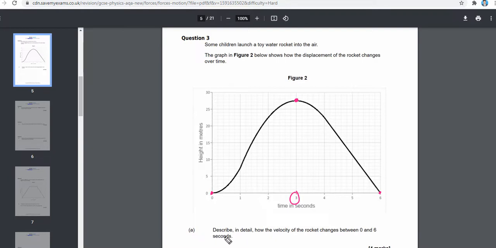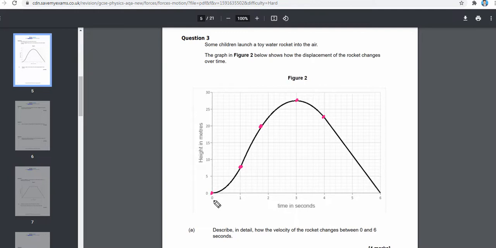In part A it says describe in detail how the velocity of the rocket changes from 0 to 6 seconds. So we'll just say that from 0 to 6, I'll mark some points on the graph.